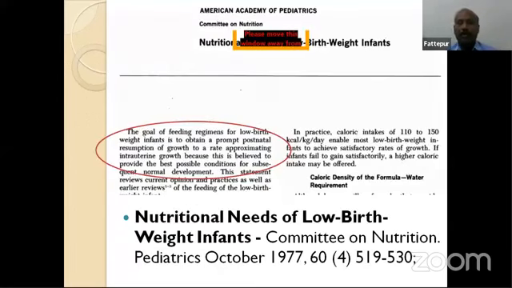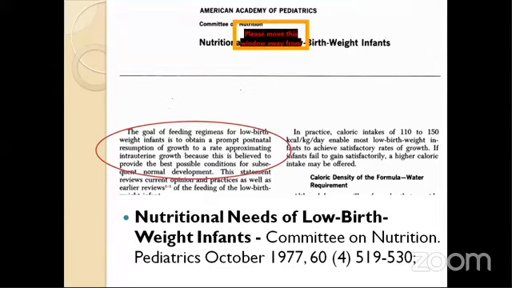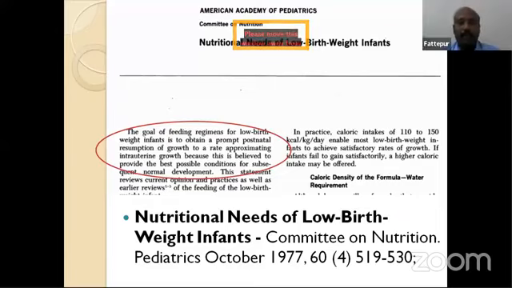So how should a preterm grow? What will be the ideal person to be followed, or the ideal cohort of babies we have to follow?